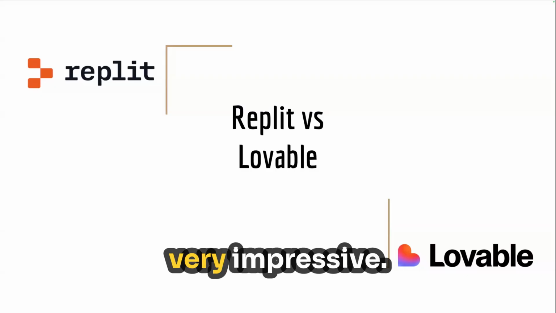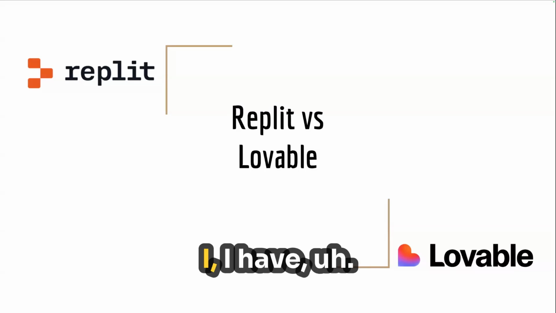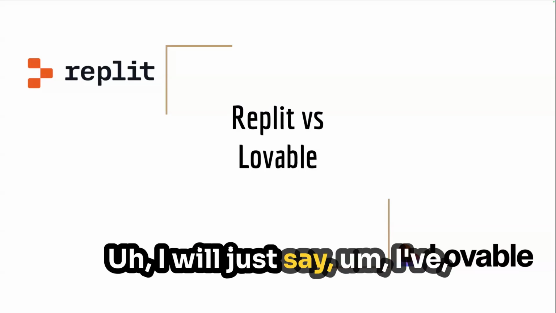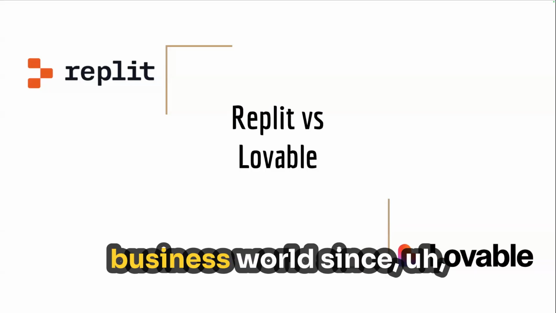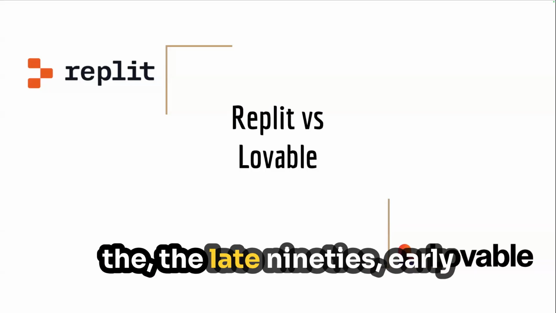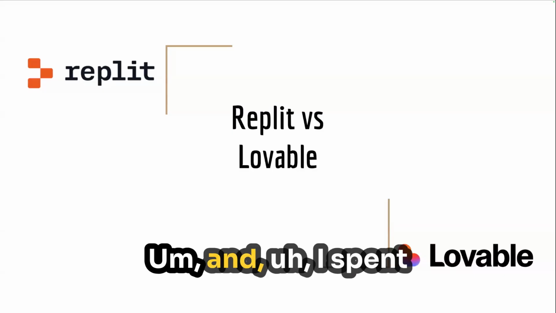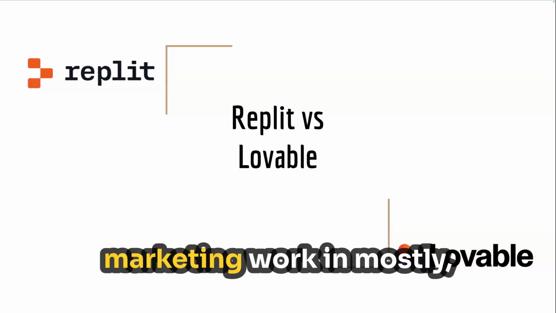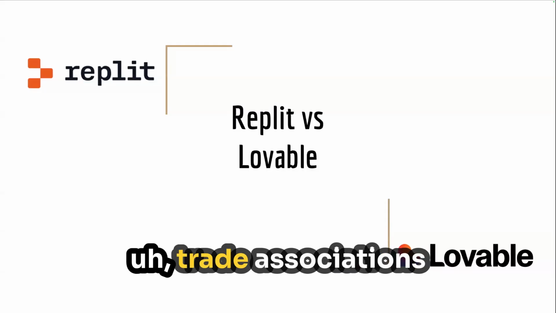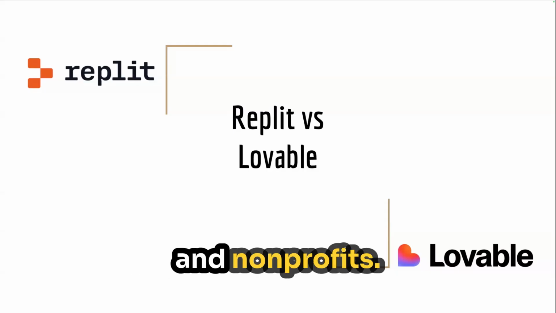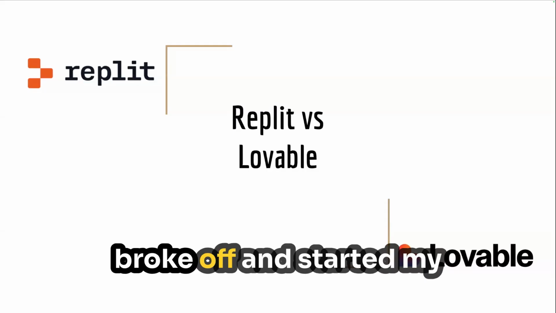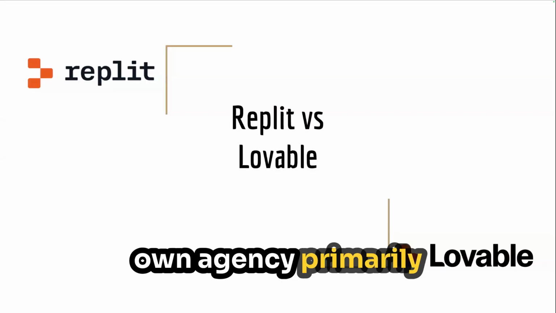That was very impressive, Carlene. I will just say, I've been in the business world since the early to mid '90s. It's been a while. And I spent a career doing marketing work in mostly trade associations and nonprofits. A couple years ago, I broke off and started my own agency, primarily doing marketing.